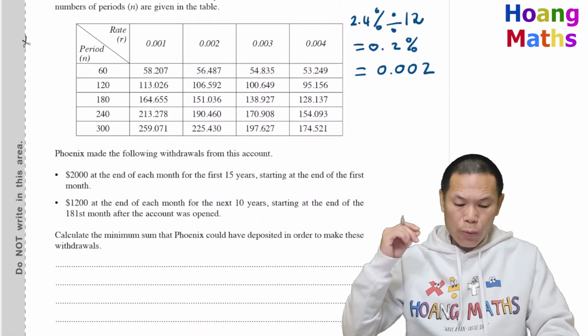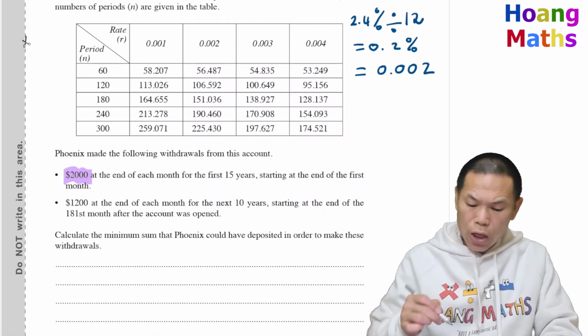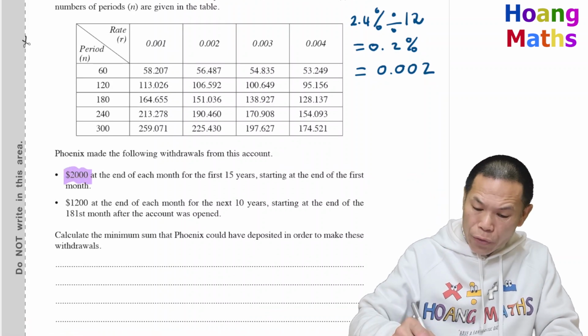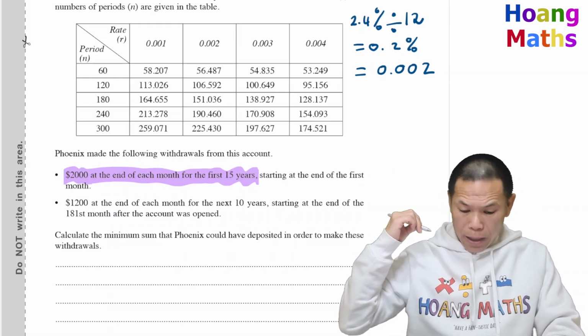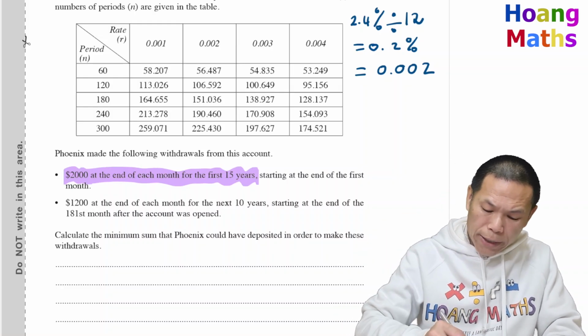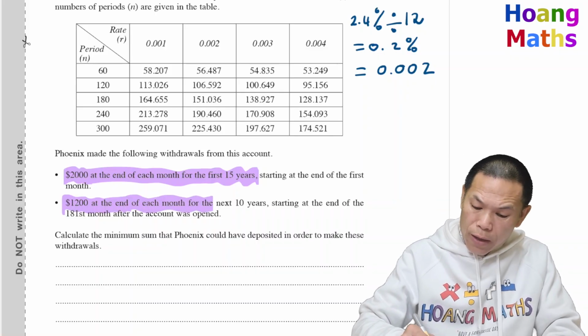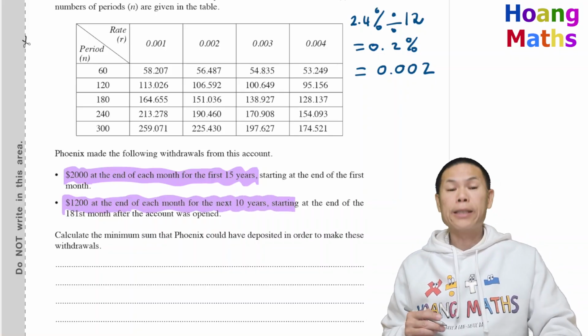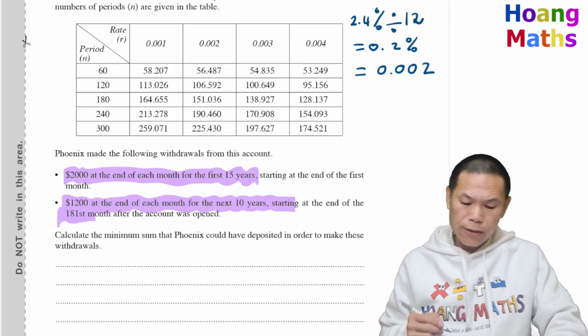Now, we know that Phoenix withdraws $2,000 every month for the first 15 years, and he withdraws $1,200 at the end of each month for the next 10 years, starting at the end of the 181st month.